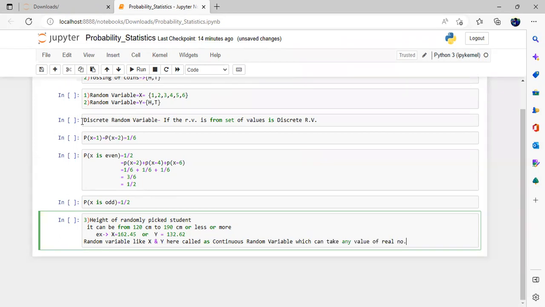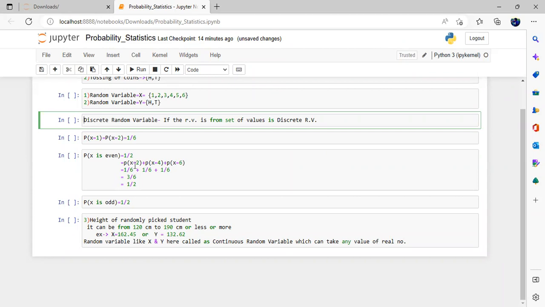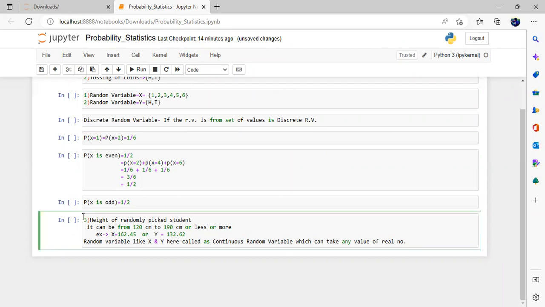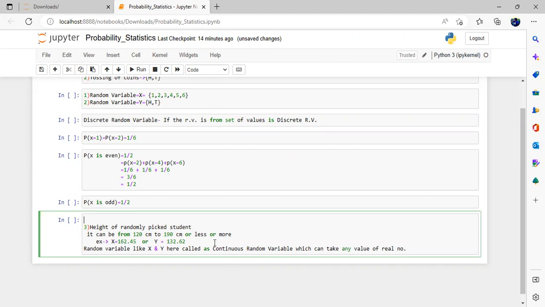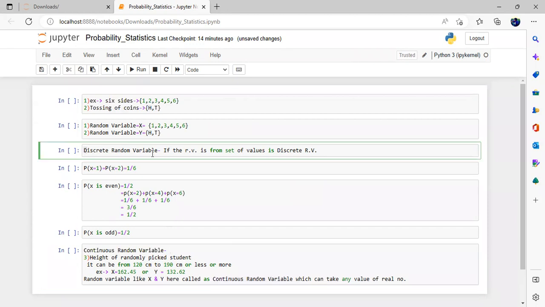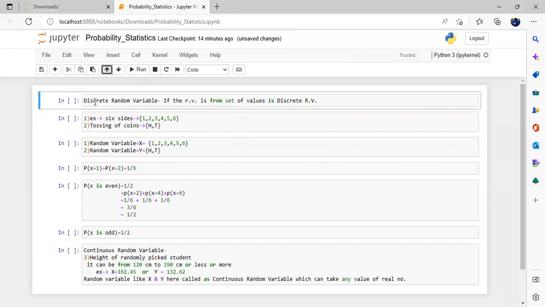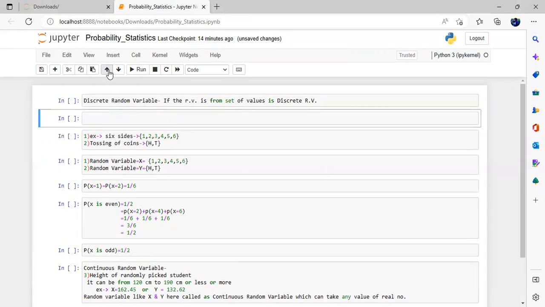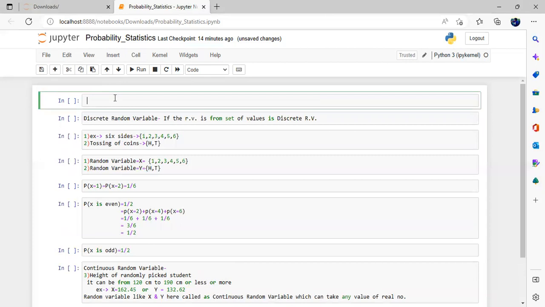So this was your discrete random variable, and here is your definition and example of continuous random variable. So our main topic was random variable.